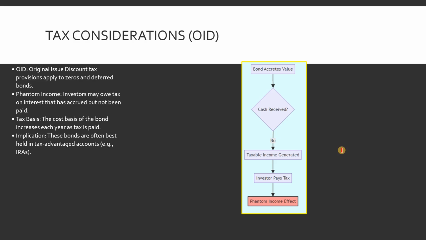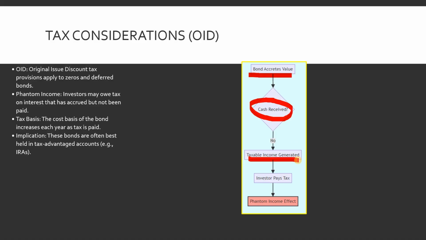Similarly, on the flow chart, how the phantom income trap works is shown. We start with the bond accrues value. We ask: cash received? Have you received the cash in this case? And the answer is no in this scenario. Despite this, the path leads to taxable income.